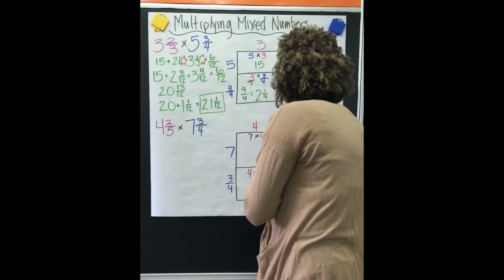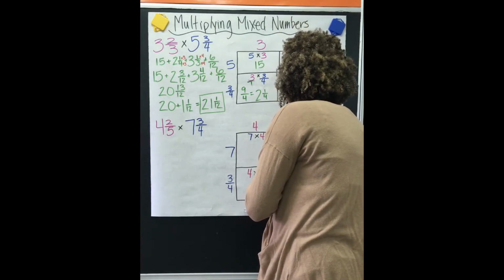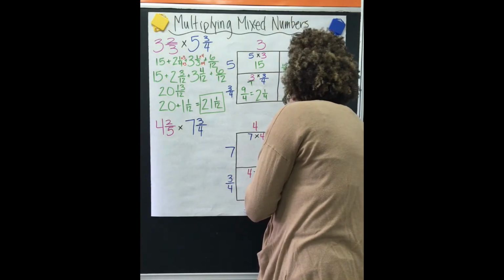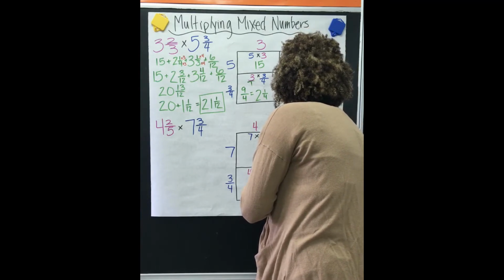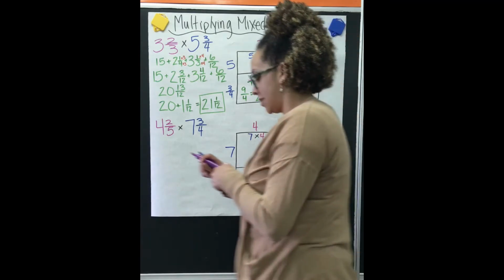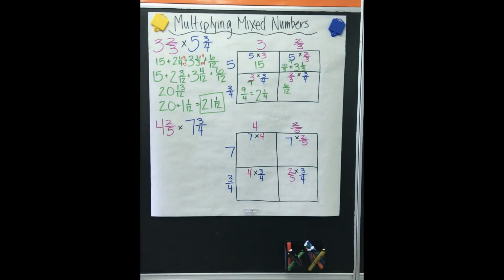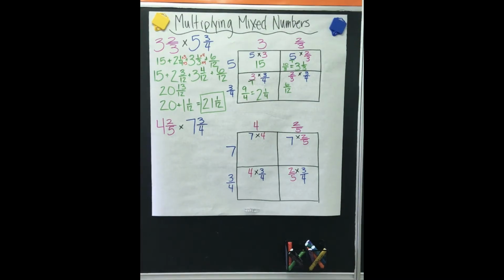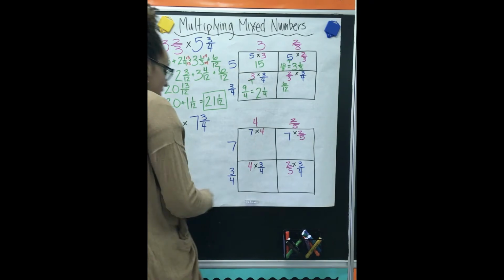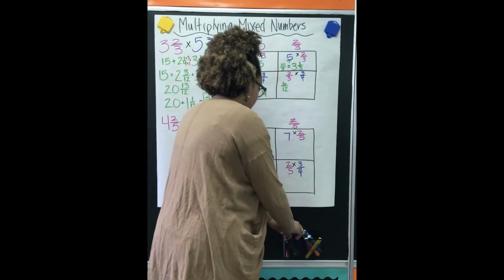And we have 3/4 times 2/5. Now I want us to think about what is going to go into each box. Inside each box, we're going to put the product of each problem.